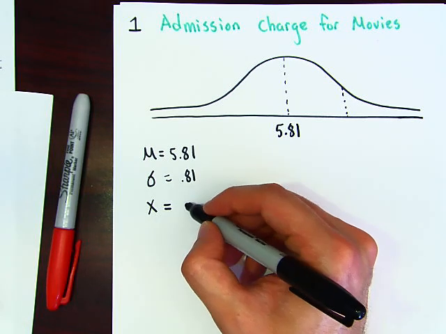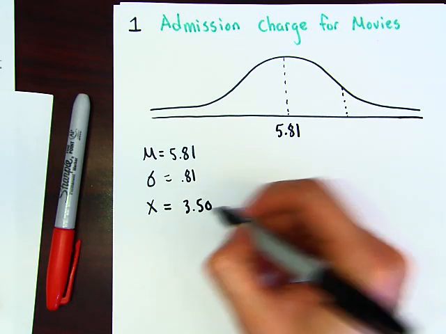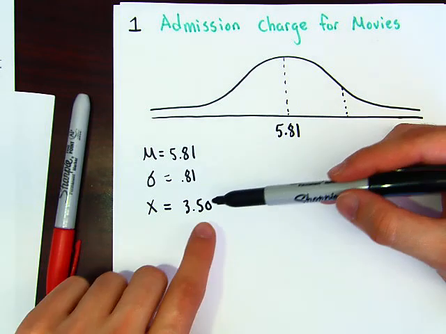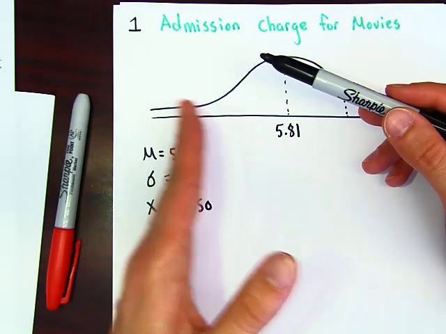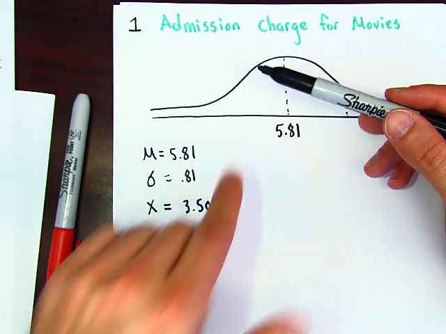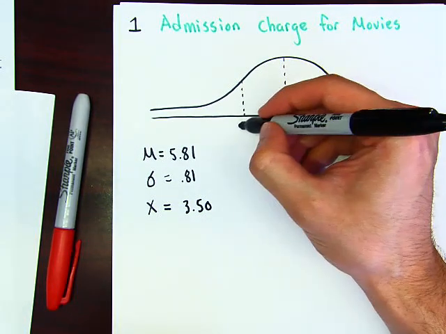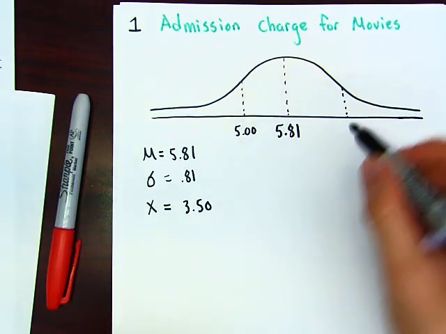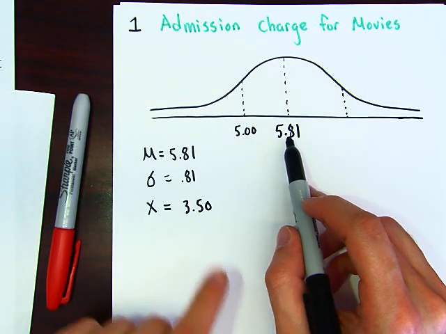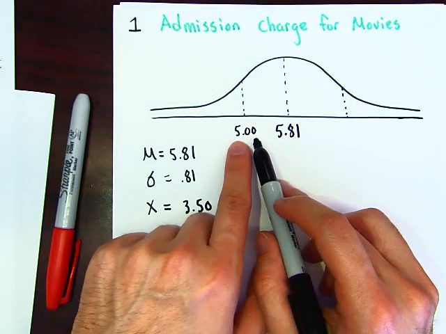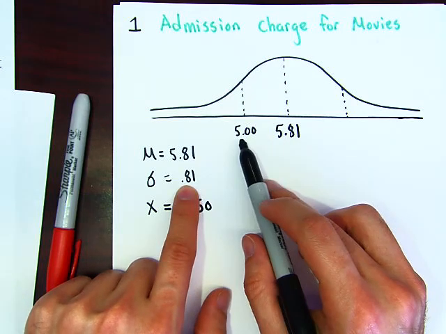It's $3.50, according to the problem. So we know $3.50 is somewhere to the left of $5.81. Let's see, what's one standard deviation to the left? It's $5, because you're doing 5.81 minus the standard deviation.